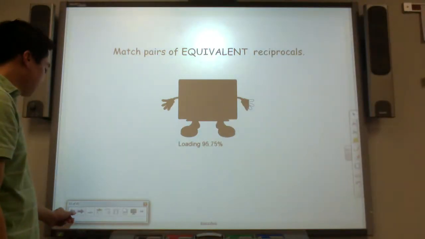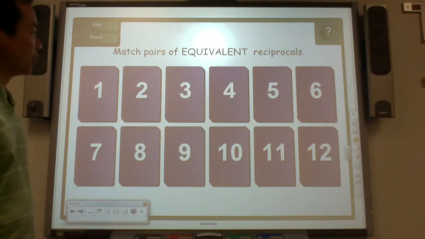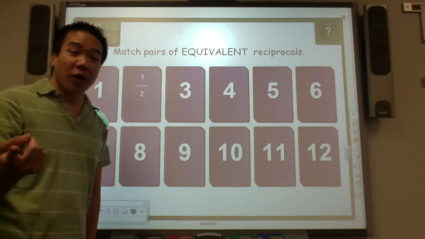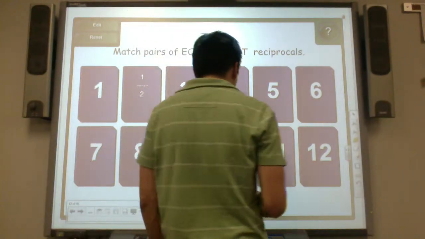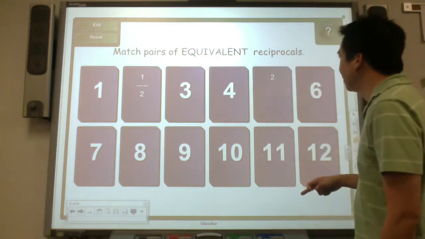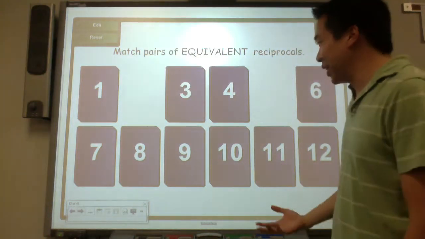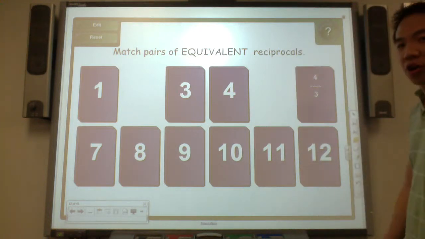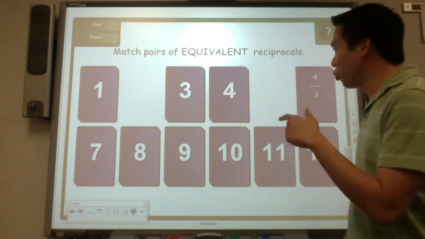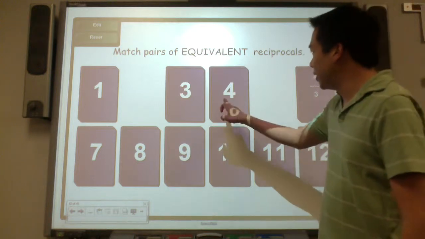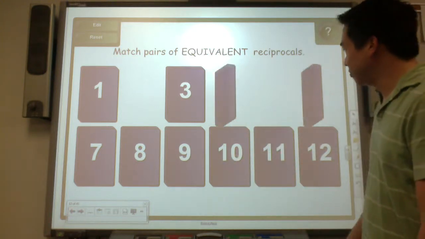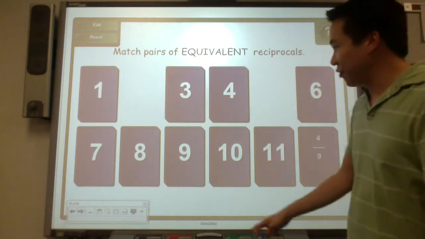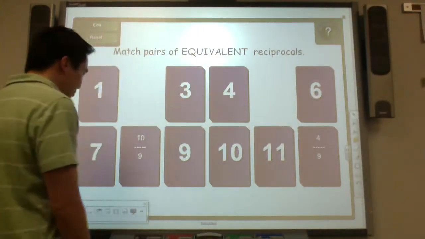Alright, so let's practice with finding reciprocals. We have 1/2. What is the reciprocal of 1/2? 2/1 or 2. Let's see. Dang! Beginner's luck. I have 4/3. What is the reciprocal of 4/3? I think it's 3/4. The reciprocal of 4/9 is 9/4.